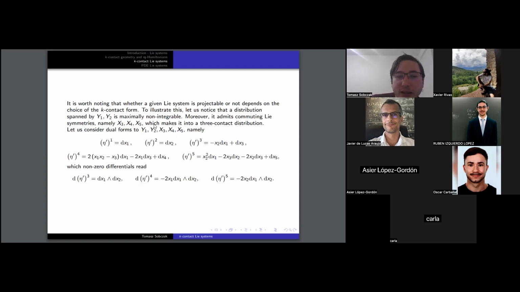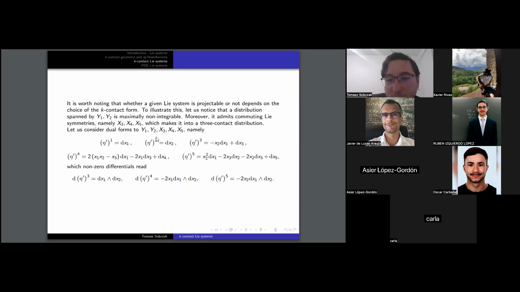Now we are not taking the dual forms from the old symmetries. However, we are taking the dual forms from our maximally non-integrable distribution given by the first two symmetries and our vector fields.